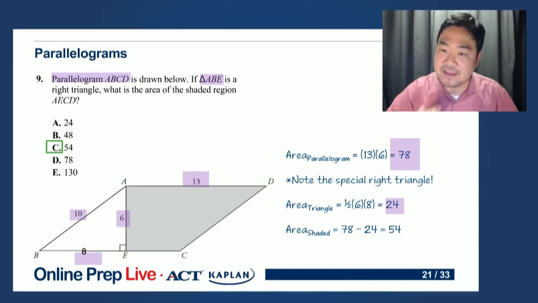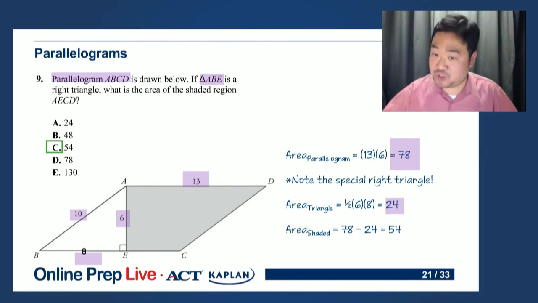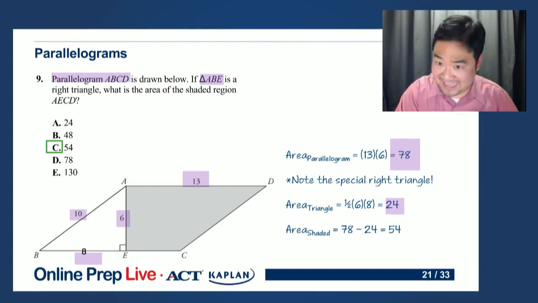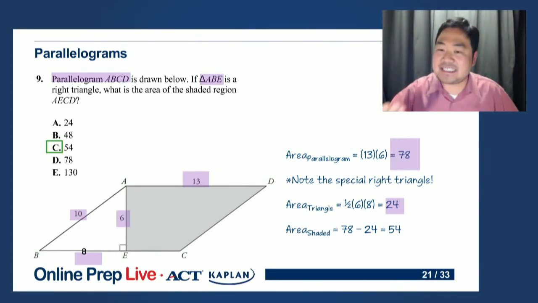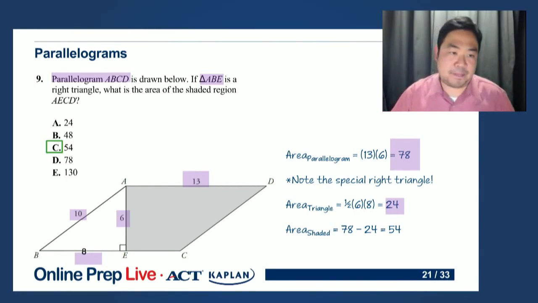Then find the area of the thing you want to get rid of, and then subtract, because once you get rid of that thing, in this case the right triangle, you're left with the shaded region. You're left with what you're trying to solve for.